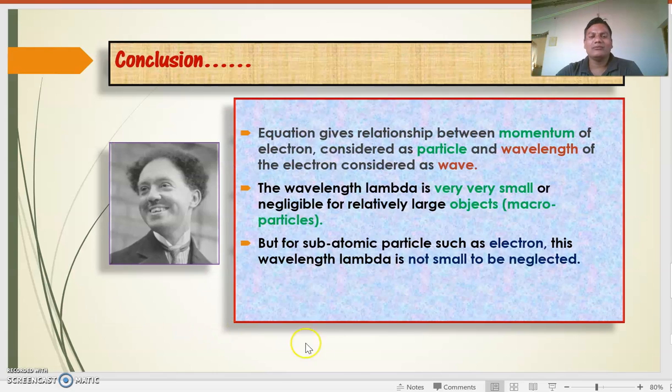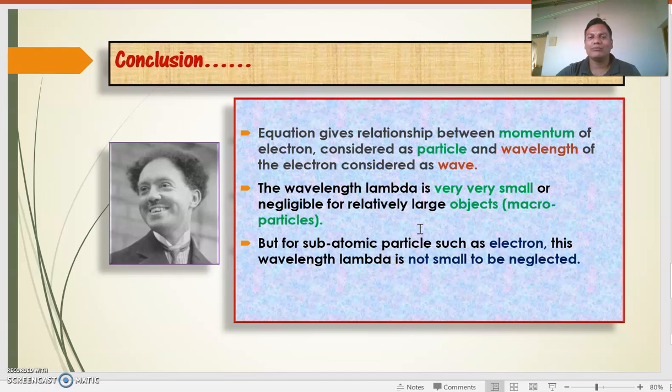In the next slide, what did he conclude? The conclusion of de Broglie's hypothesis states that the equation gives a relationship between the momentum of the electron, which we considered as a particle, and the wavelength of the electron considered as a wave. So it is a relationship between wavelength and momentum. The wavelength lambda is very small or negligible for relatively large objects, that is macro particles, like a person.